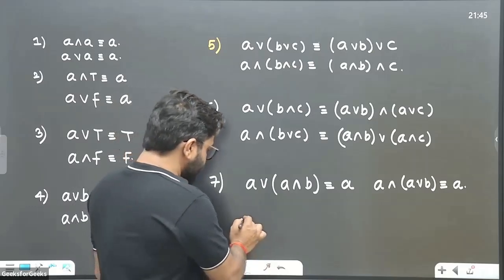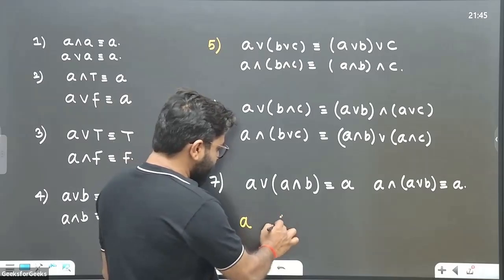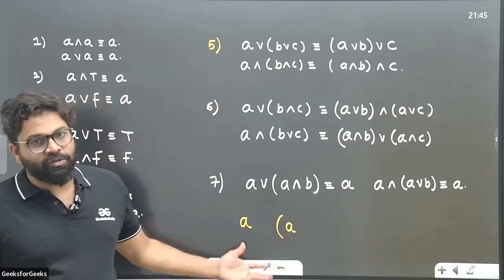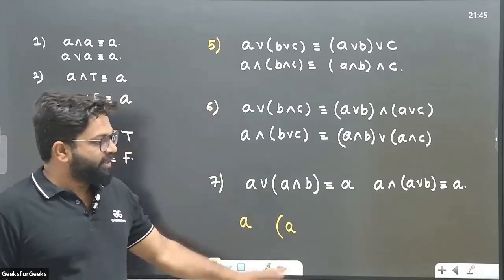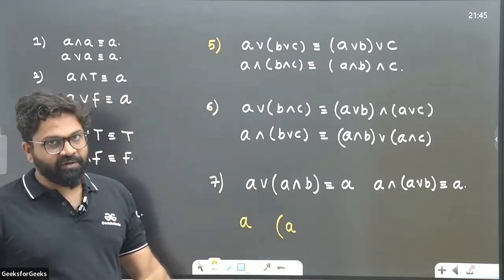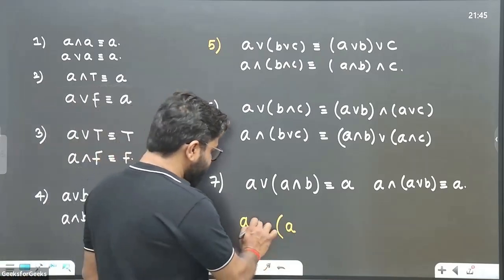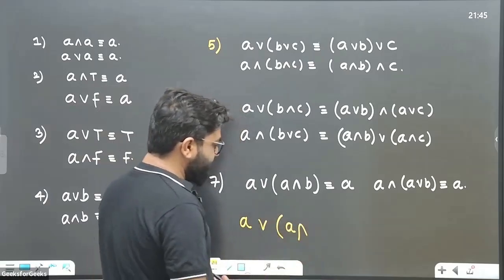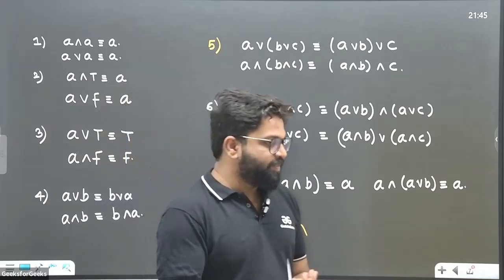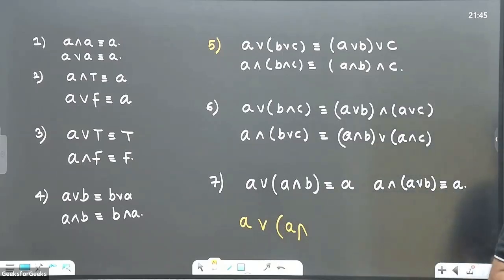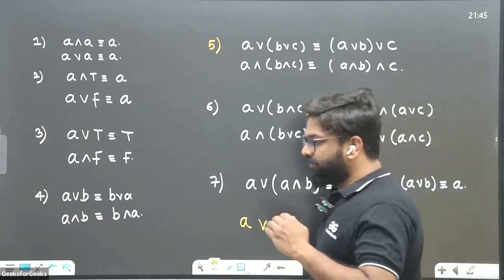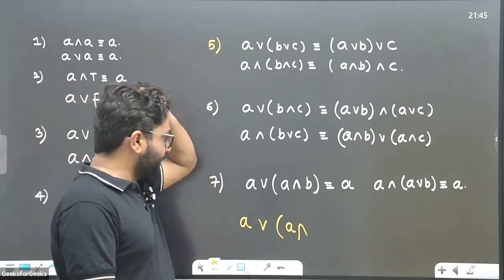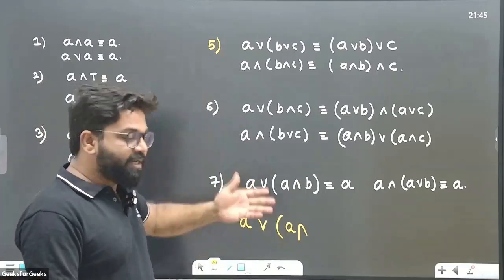Whatever is written outside has also been written inside, and your operators are different. For example, if the operator outside is or, then inside you will have the and condition. This is the main criteria to understand the absorption law.